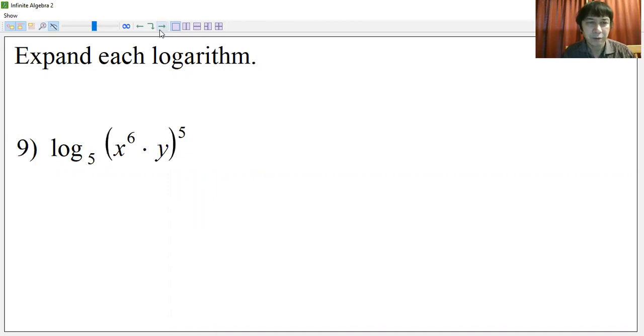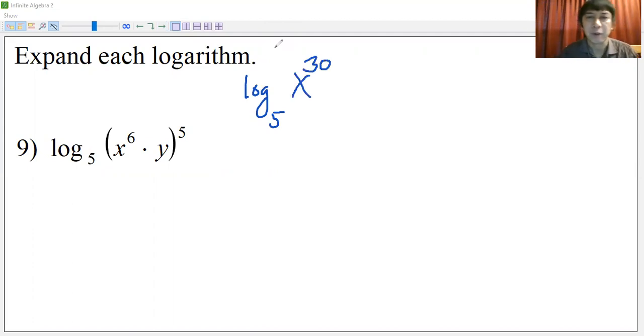The logarithm of the quantity x to the 6 times y, the entire expression raised to 5. Okay, so first we will distribute the exponent 5 inside. So this will be logarithm to the base 5. Okay, that x to the 6 becomes x to the 30.